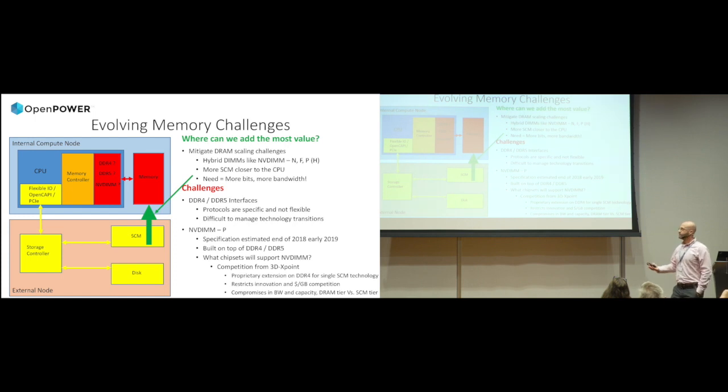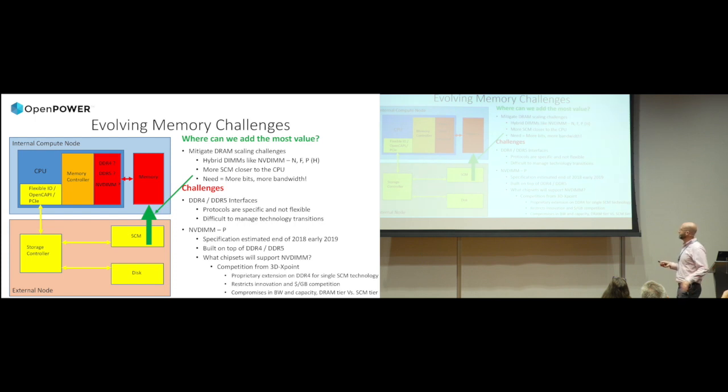There's a lot of work going on in the work group, and they're coming out with the spec. But what they see is that the biggest processor guy out there is coming up with his own solution, and that's going to be a proprietary extension on DDR4. So there's this 3D XPoint, a proprietary extension on DDR4 for only a single SCM technology.